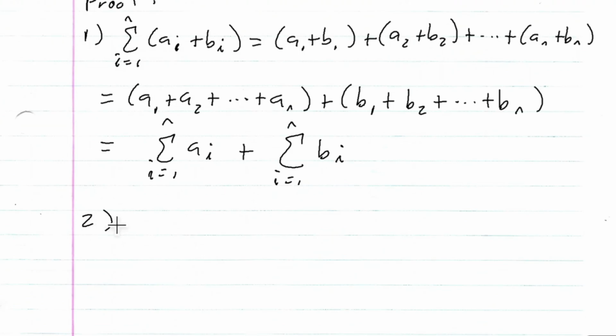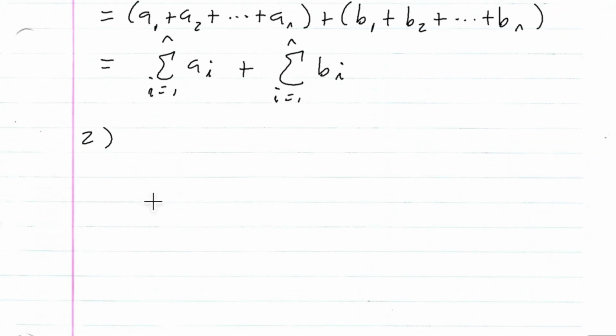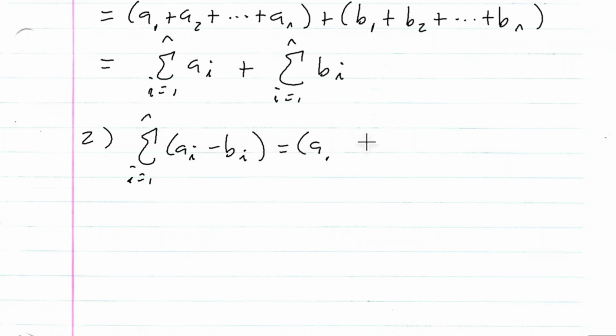So number 2, we're going to look at the difference, which is equal to the sum of this minus the sum of that. So let's go ahead and do the same thing. The sum from 1 to n of a sub i minus b sub i is the same thing as a sub 1 minus b sub 1 plus a sub 2 minus b sub 2 plus dot dot dot plus a sub n minus b sub n.